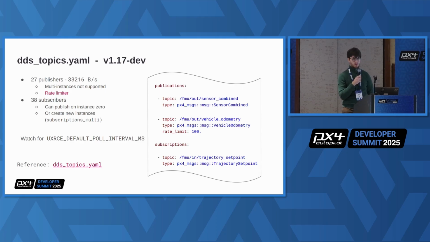You can just tune it according to your preferences. We also finally fixed a naming mismatch. Now the old XRCE default poll rate is called the XRCE default poll interval in milliseconds, which it always has been, the number of milliseconds between intervals, so people could get a bit confused by its value.